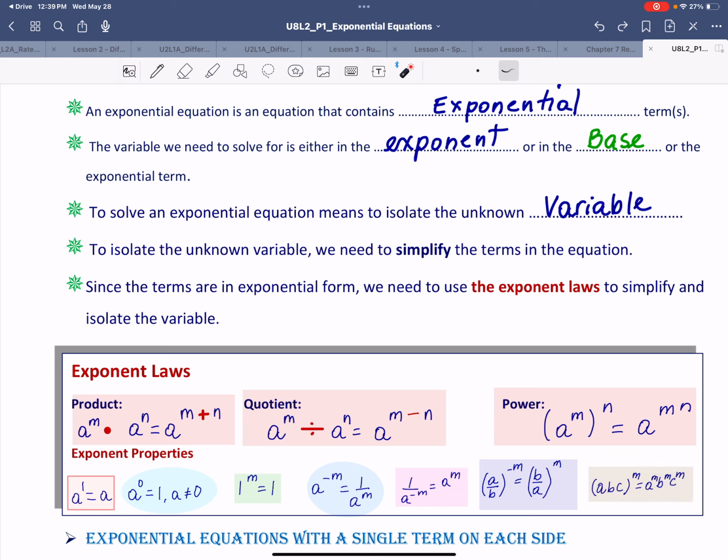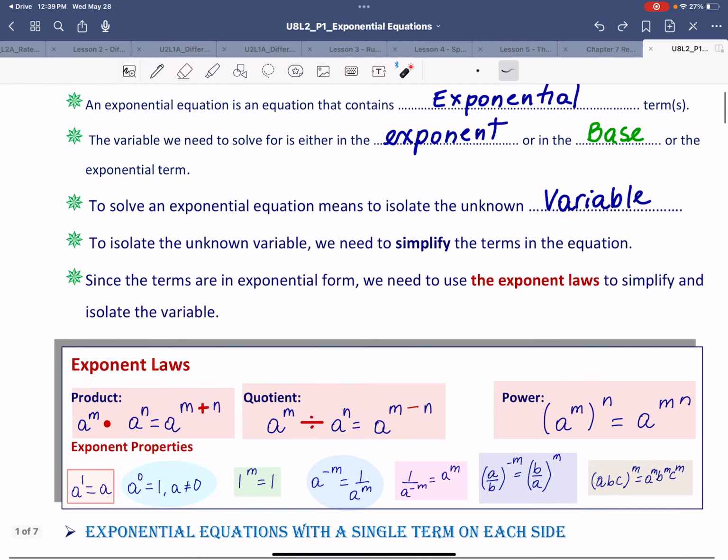And lastly, we have the distributive property. That's what this is called. If we have a base that is made by the product of two or more terms, and all of them raised to the power of m, this power will be distributed to each and every part of the term, so to each and every factor in the base.